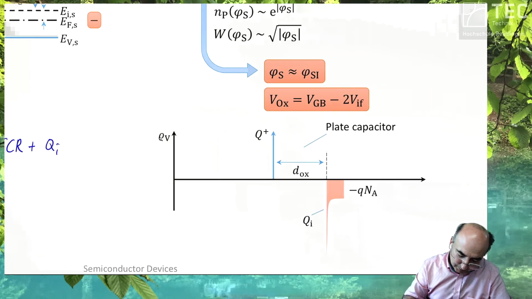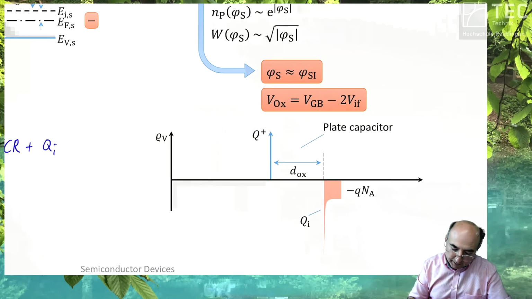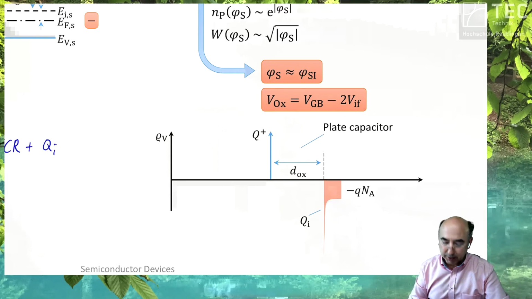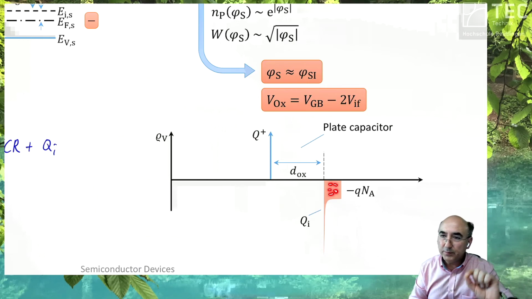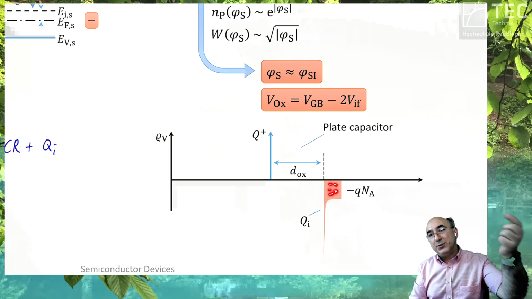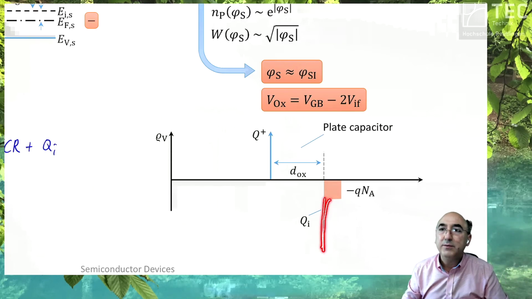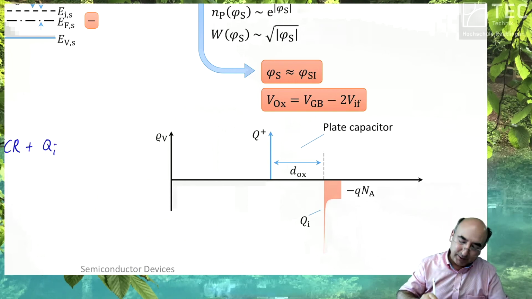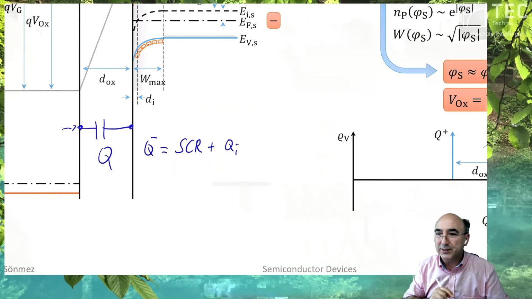Therefore, in the metal I get my charge, and in the semiconductor I get only one portion of the charge from the space charge region bound to the lattice, and the rest is provided by the inversion layer. Now we go back to the proportionalities.